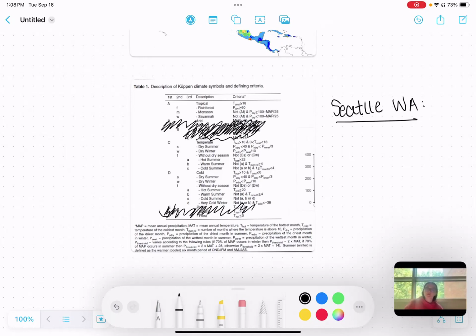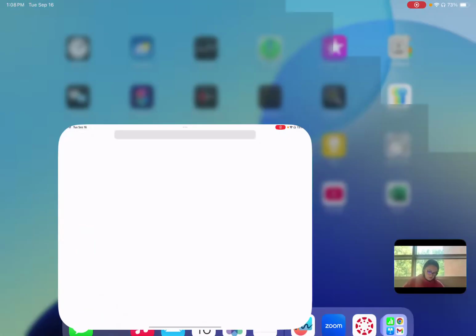If you've ever been there, it does get snow, that kind of business. So I'm going to go ahead and get rid of A as well. If you were uncertain, you could test A very easily by checking to see if it had a temperature in the cold months greater than 18 degrees Celsius. And it's very simple to do that if you're not given data. So let's just go and check.